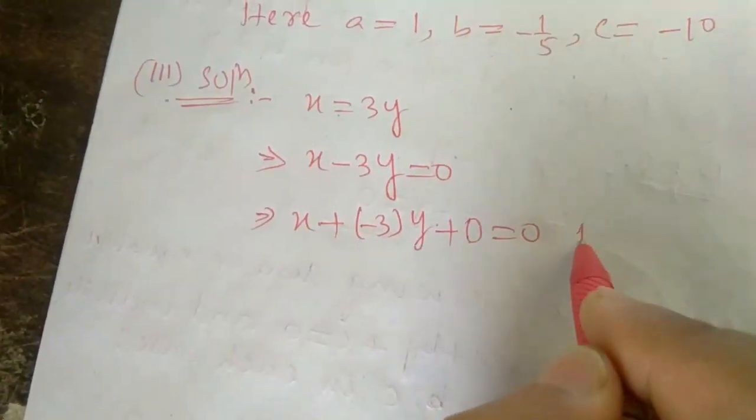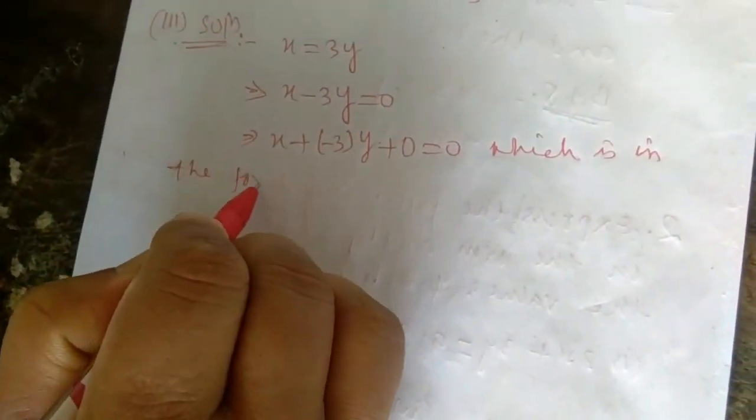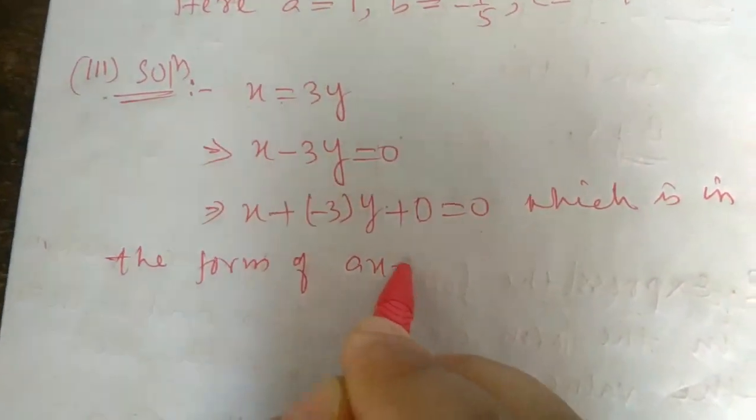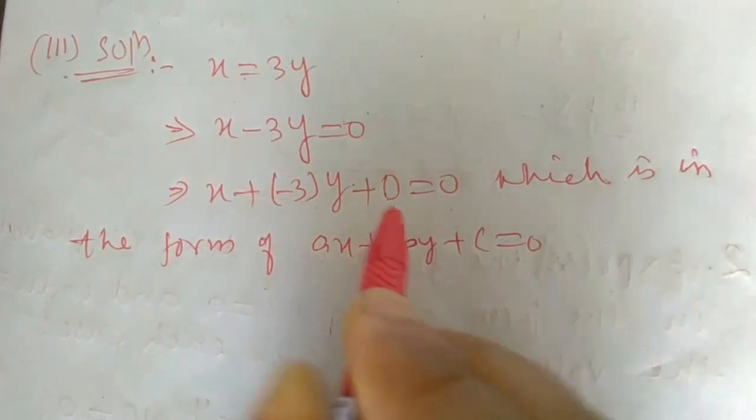So this is in the form ax plus by plus c equal to 0.